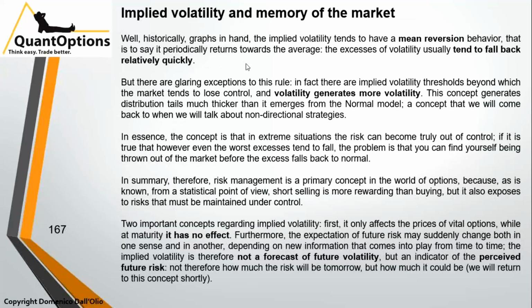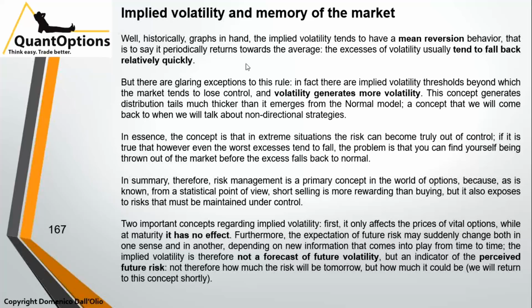Well, historically, graphs in hand, the implied volatility tends to have a mean reversion behavior, that is to say, it periodically returns towards the average. The excesses of volatility usually tend to fall back relatively quickly. But there are glaring exceptions to this rule.